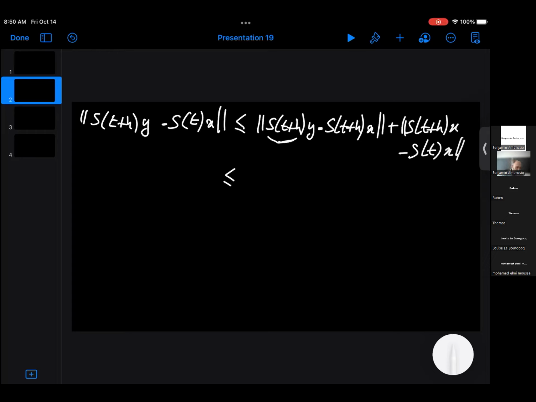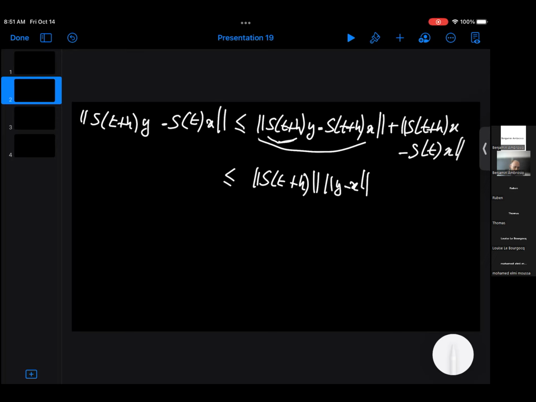More explicitly, I can bound this quantity by the norm of S(T plus H) times the norm of Y minus X. This comes from the fact that S at time T plus H is a bounded linear operator.